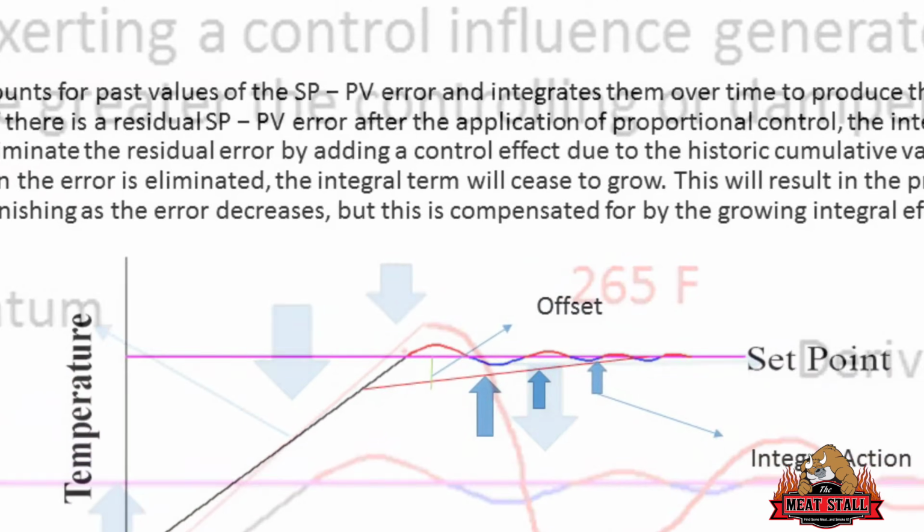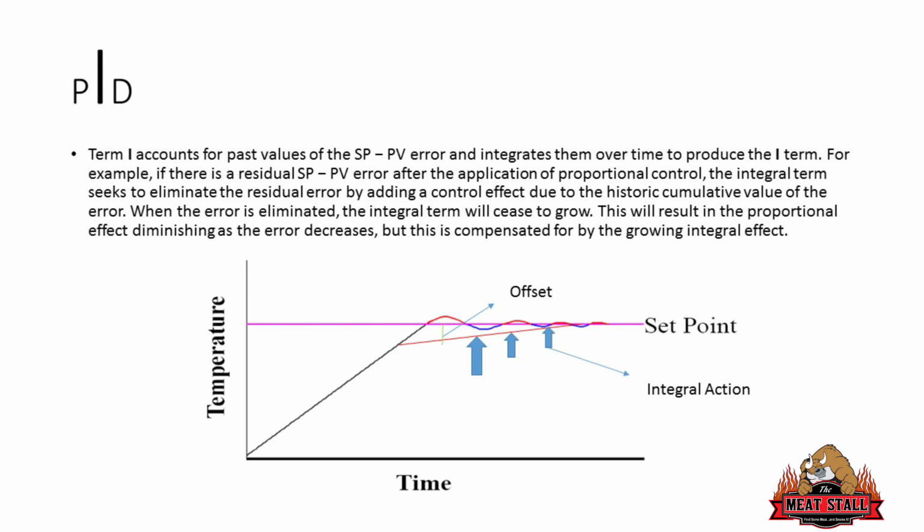Now let's look at the I. The term I accounts for the past values of the SP, which is the set point, and the PV error, and integrates them over time to boost the I term. For example, if there's residual SP and PV error after application of the proportional control, the integral term seeks to eliminate the residual error by adding control effect due to the historical cumulative value of the error.